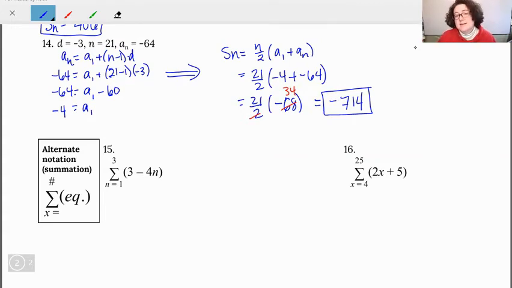Now, this is called a summation. Well, that's a series. A summation is just kind of a shorthand notation of saying, let's just add up all the terms in this sequence. It's just a more succinct way of saying that in mathematical symbols.